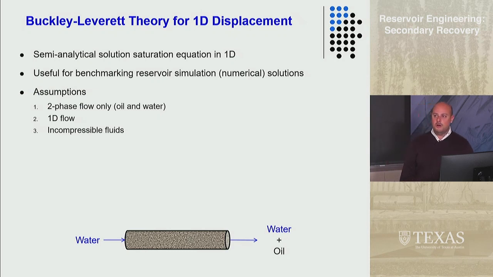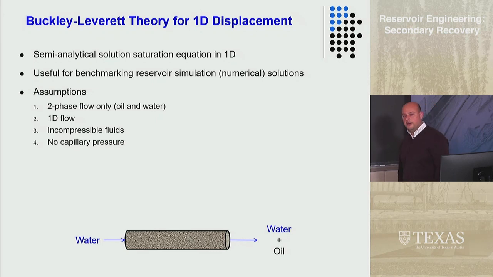In secondary recovery, the compressibility is negligible compared to the change in water saturation. Water is pushing the oil towards the producer. That's the main mechanism for flow. So while these fluids are not incompressible, they have a very slight compressibility, and for our purposes, we can normally neglect it during water flooding.